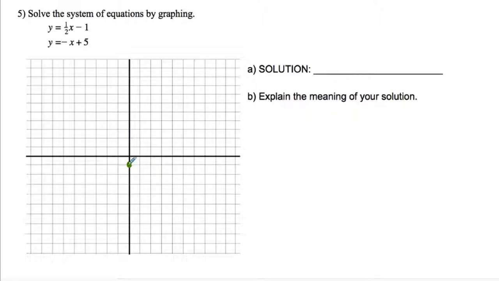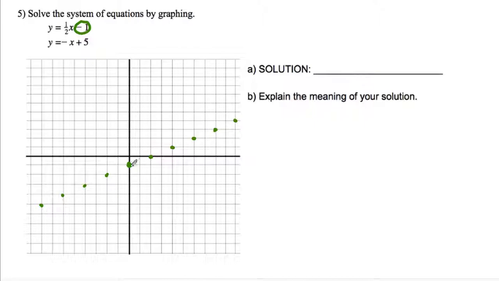So here's -1, my y-intercept right there. And then my slope is 1/2. So I'm going to go up 1/2, up 1/2. It's a good idea to do several points so that you get your lines graphed pretty accurately. If you have any errors in the graphing, you could likely have an error in the solution as well.